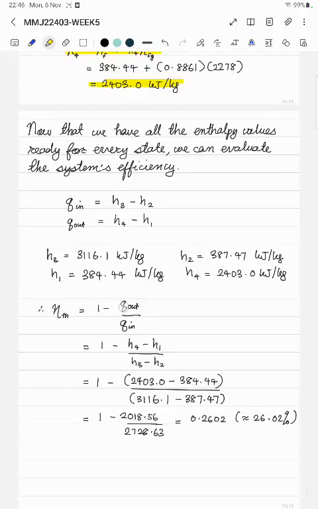Substituting all the values, we end up with the final calculation of the efficiency of the cycle to be 26.02%. So this worked example will be our format for the mid-semester test.